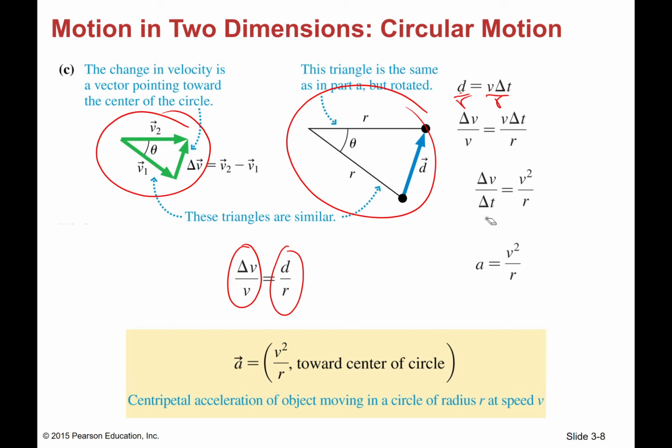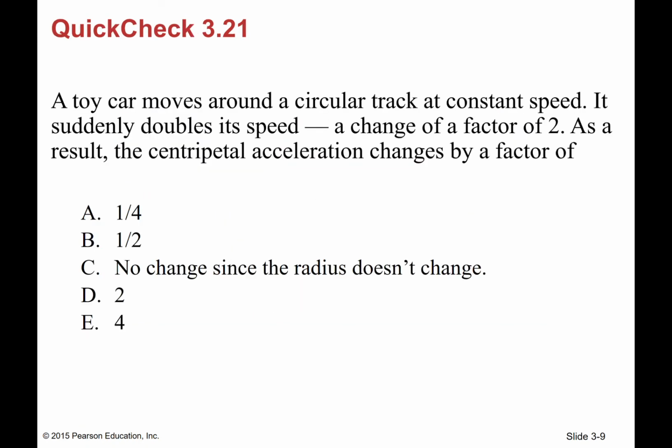When I do that, I get that delta v over delta t is v squared over r, and this is the acceleration. The acceleration has a magnitude of v squared over r and always points towards the center of the circle.